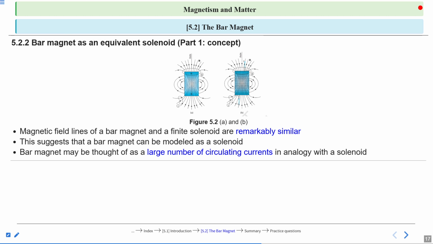Bar magnets may be thought of as a large number of circulating currents, in analogy with the solenoid. In a solenoid there is a number of turns, and in each turn current is flowing. So we can also think of a magnet as a large number of circulating currents in analogy with the solenoid.